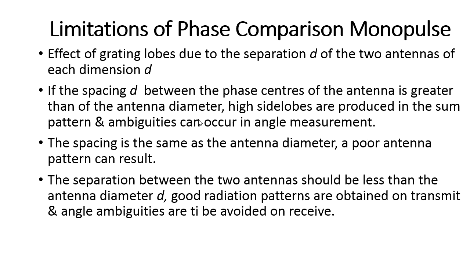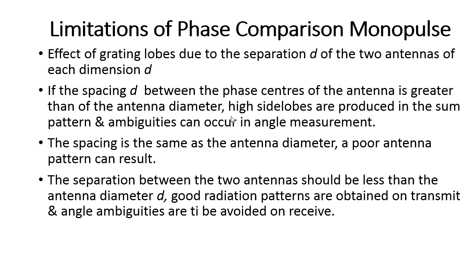Whenever it produces high side lobes, obviously there will be error in receiving the echo signal. Why? Because one antenna beam is overlapping with the other antenna beam, so there is error in receiving the echo signal.